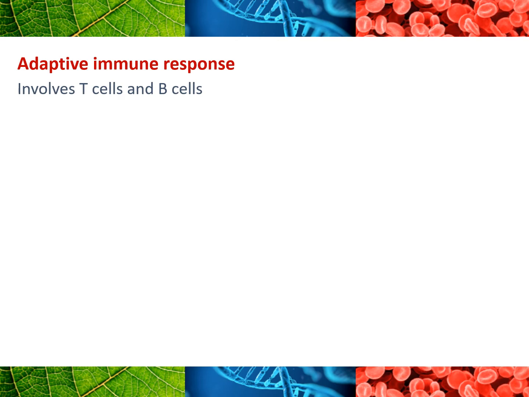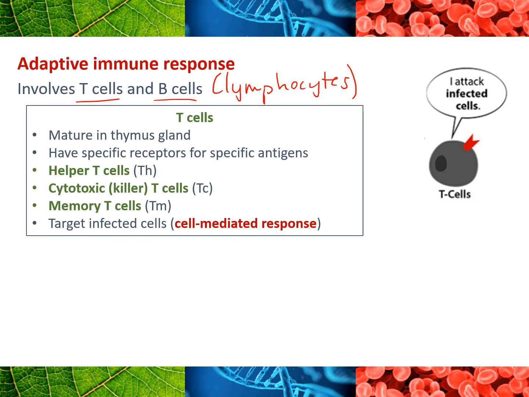There's two main types of cells involved in this. We've got T cells and B cells, and they are properly known as lymphocytes because they are cells that live in lymphoid tissue. So T cells or T lymphocytes mature in the thymus gland. Remember, all lymphocytes originate in bone marrow. These ones move to the thymus gland and mature there.